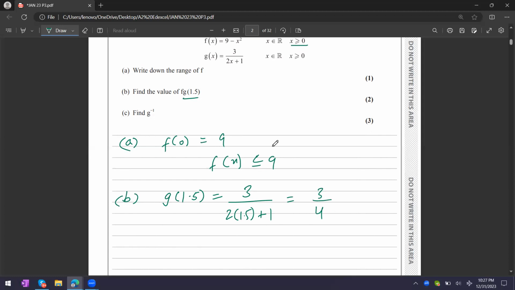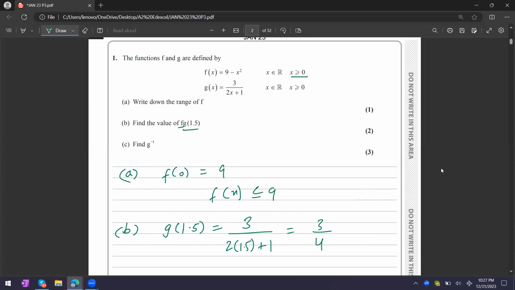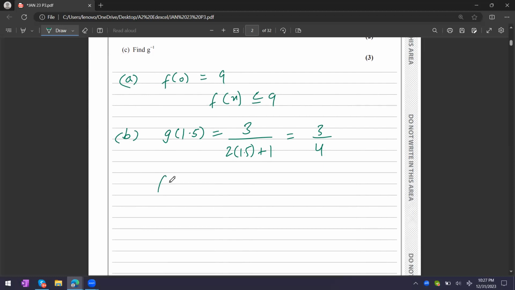So 3 over 4. Now you need to put it in the f function, because now f will take the value of g of 1.5. So f of 3 over 4 is 9 minus 3 over 4 whole square.